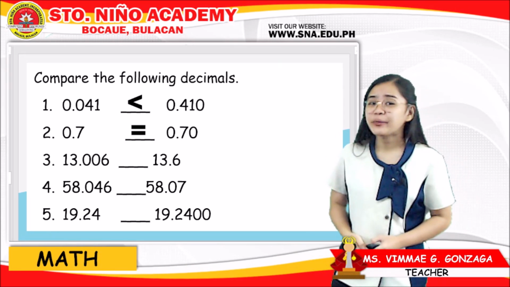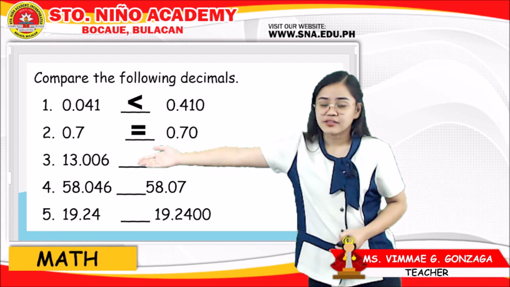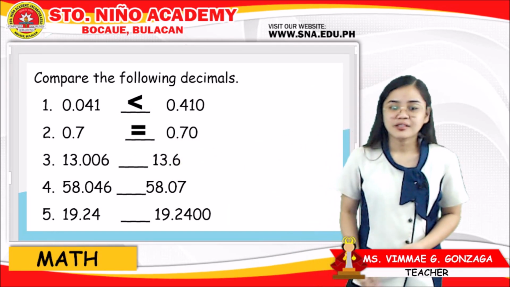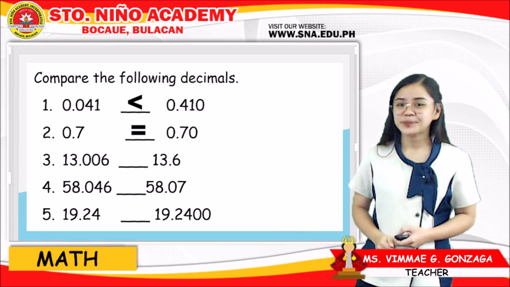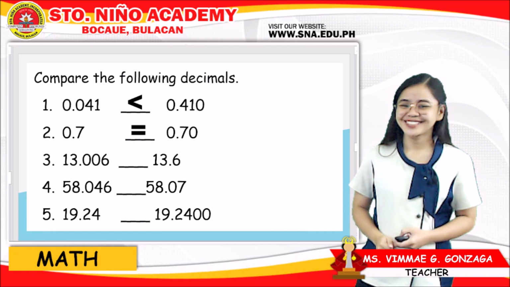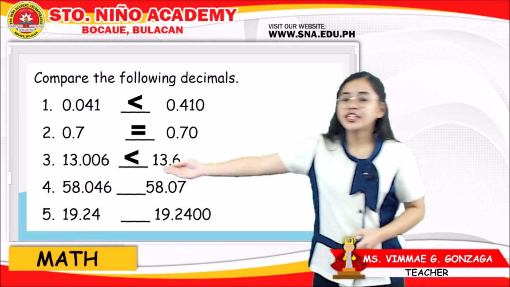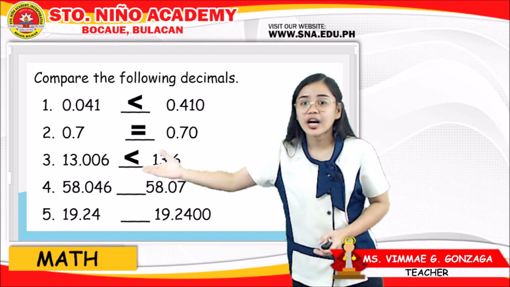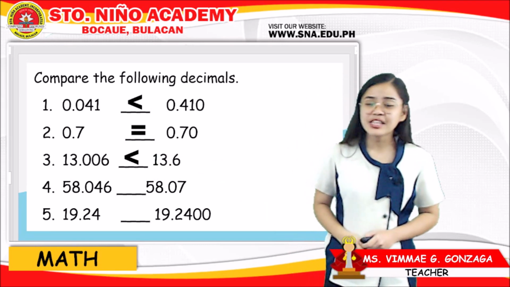Next, number 3, we have here 13 and 6 thousandths. And then 13 and 6 tenths. Greater than, less than, or equal? Very good, that is a less than. 13 and 6 thousandths is less than 13 and 6 tenths. Next, number 4.